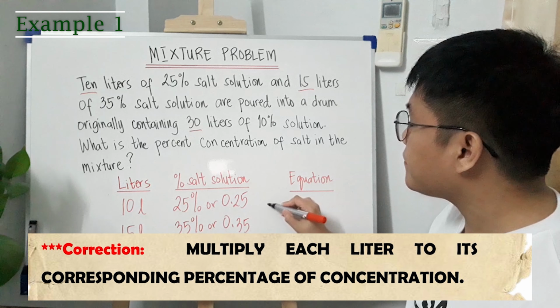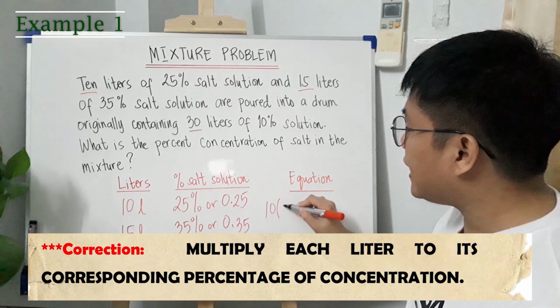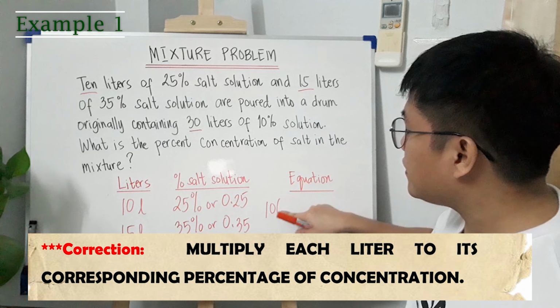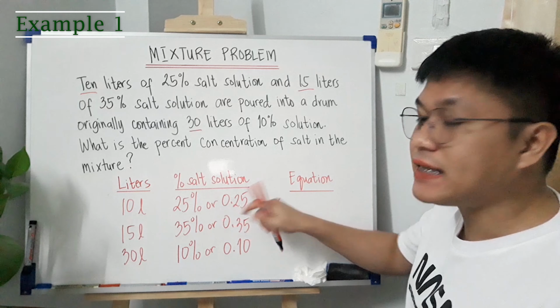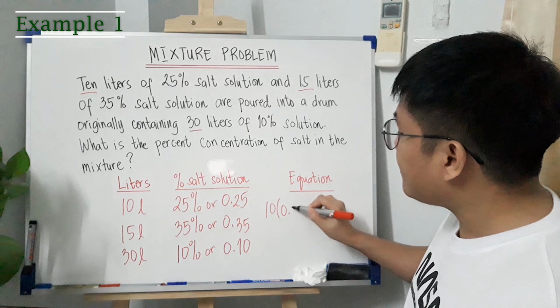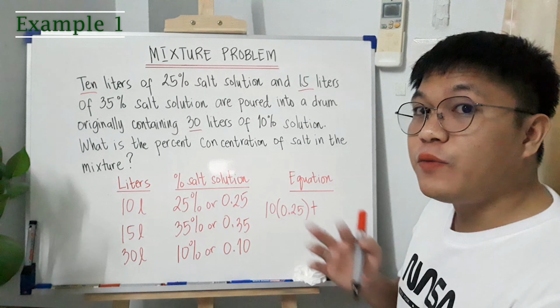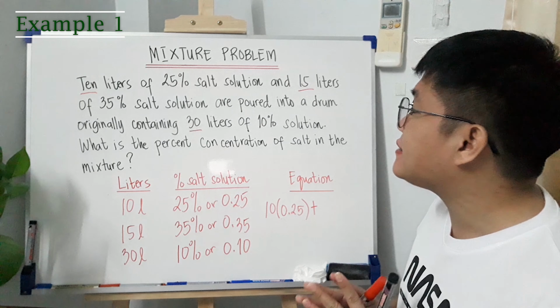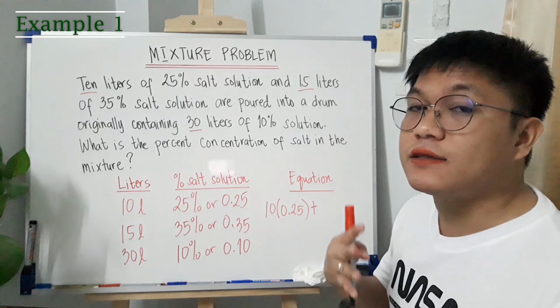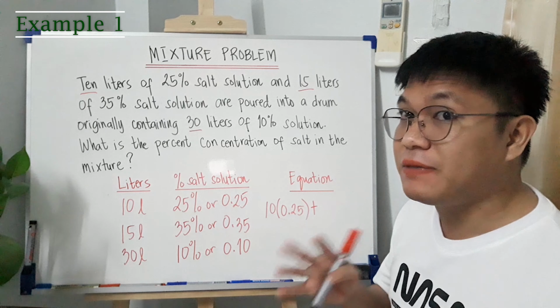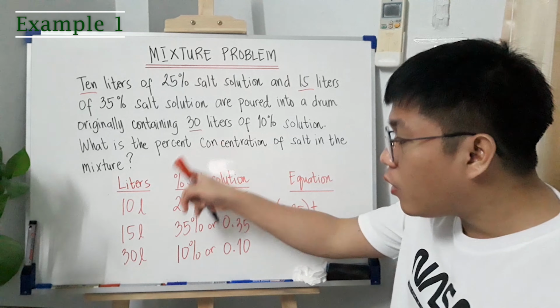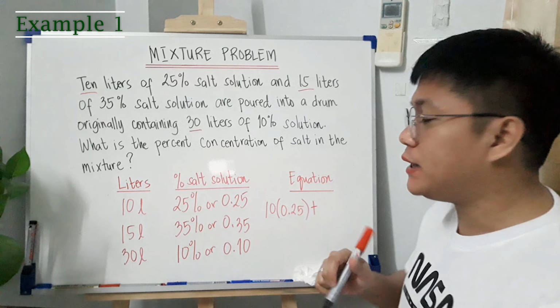So we have here 10 times 25 hundredths plus. Why are we going to add? Because we are going to get the total percent of concentration.